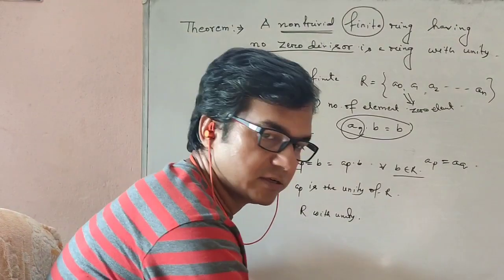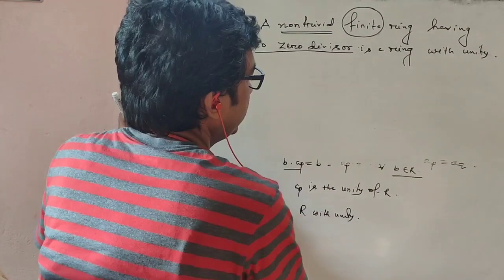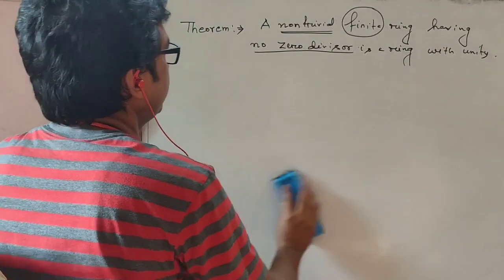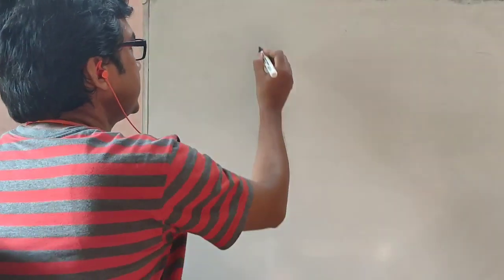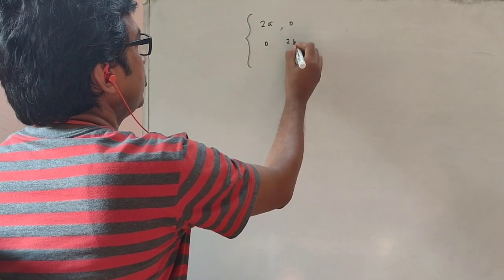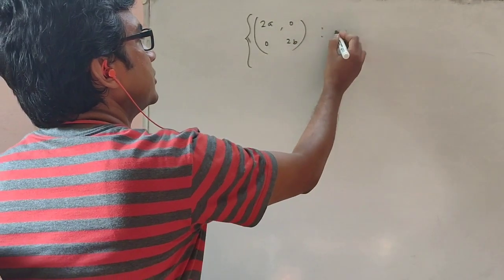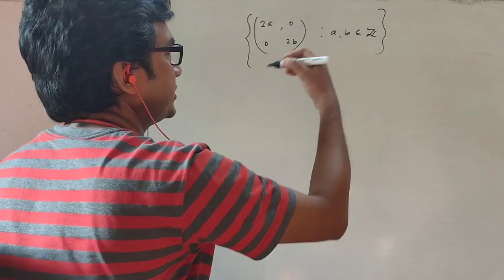Now we get an important example of ring theory. Consider the set R of matrices with 2a, 0, 0, 2b, where a, b belong to Z, the set of integers.